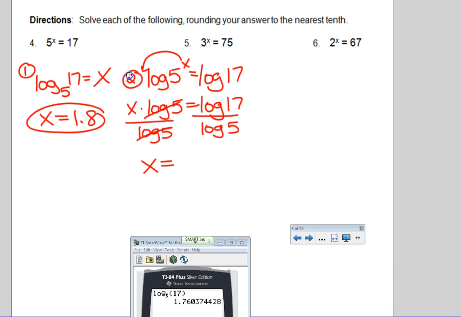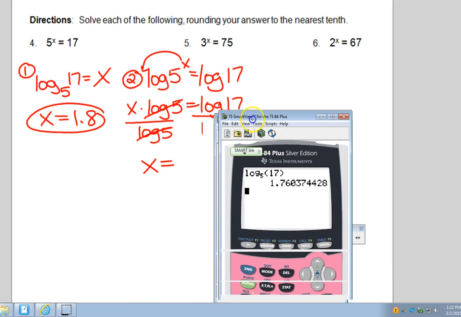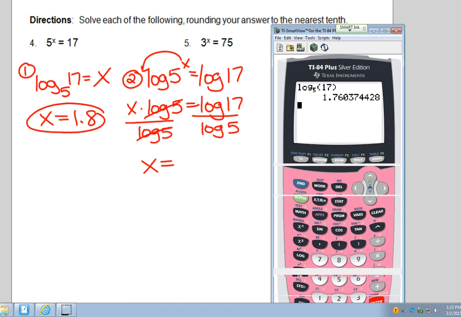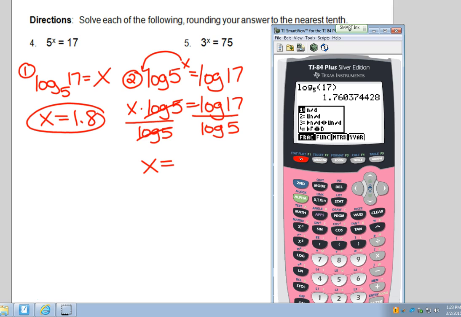And then I can do that in my calculator. And with this, you just use the regular log key. And notice you get the same exact value.